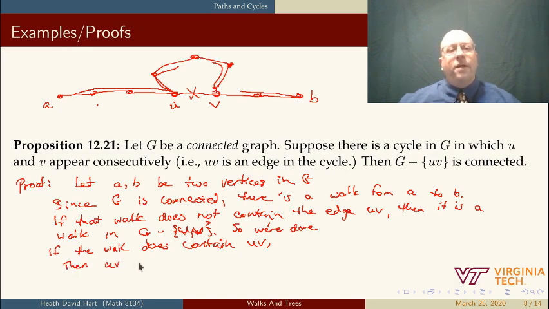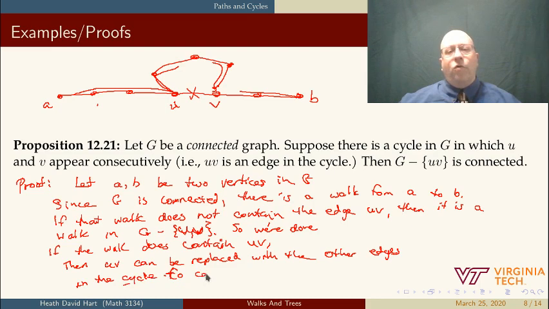Then UV can be replaced with the other edges in the cycle to create a walk from A to B in G minus UV.